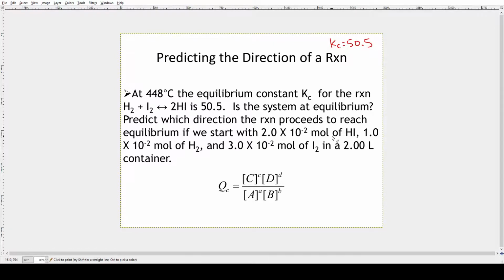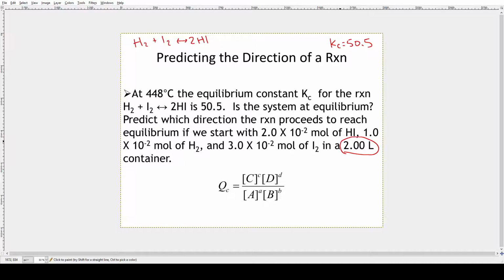And here are our starting, not concentrations, numbers of moles. We have to create concentrations out of this here. So I'll go ahead and do that now. Let's just write this up here. I like having it up at the top. 2HI. I'm going to write my concentrations up here. So 2 times 10 to the negative 2 divided by 2.